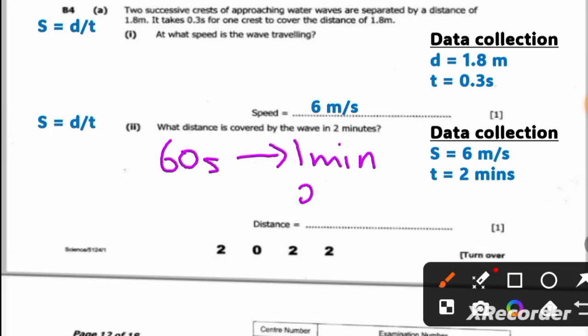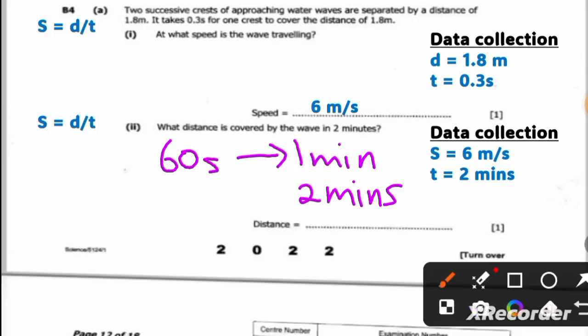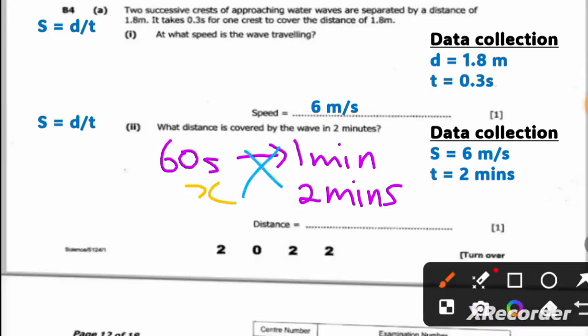Now what about 2 minutes? Here we are going to write x. Then we do a cross multiplication.